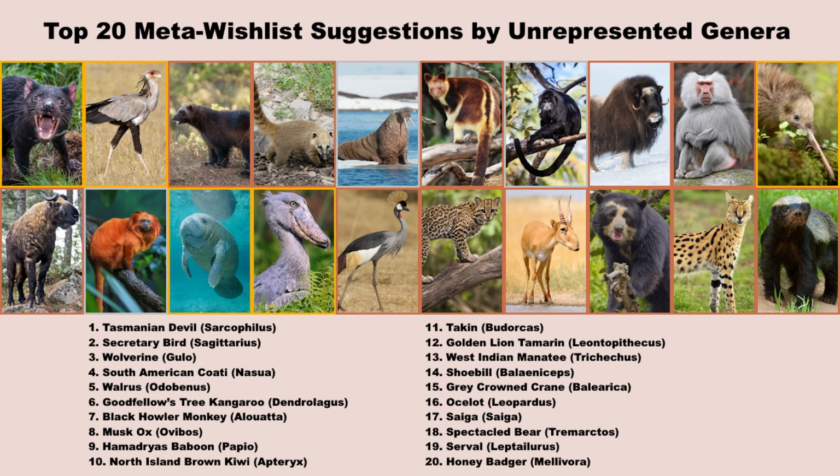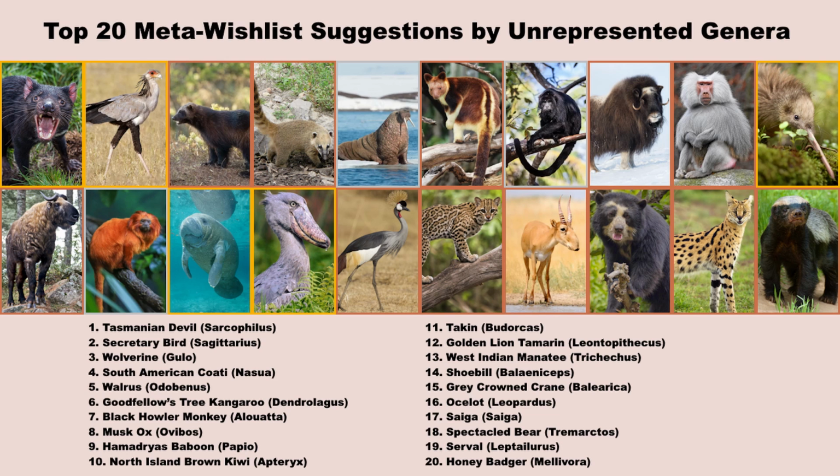We've got the black howler monkey again down in number 7. Then we have the muskox comes in, as we said last video, again good representation for Arctic areas of your zoos, so that would be a nice species to have.